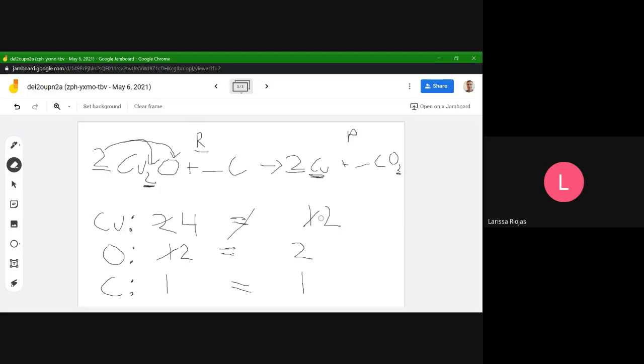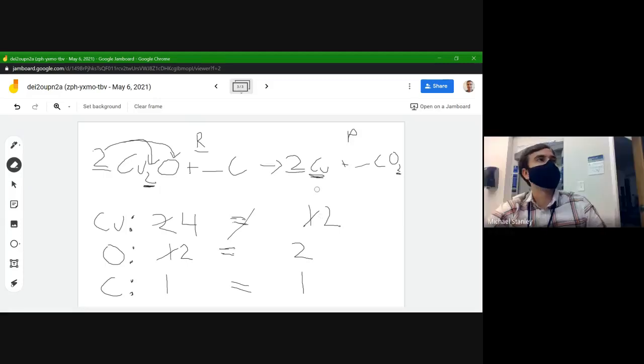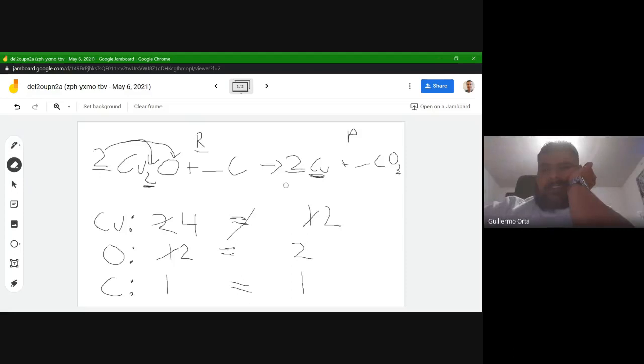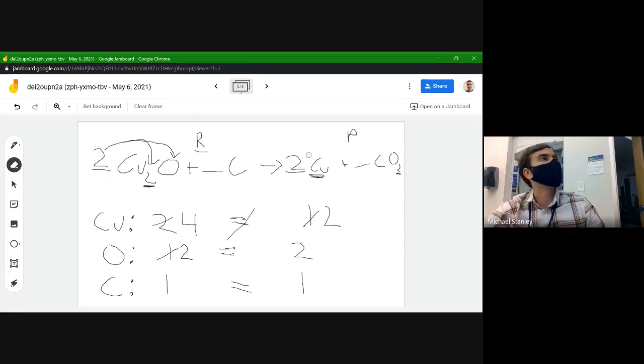The coefficient, right? The big number before it. So which coefficient? The one over here? I want to say yes. Yeah, because we're trying to change copper, and there's no copper over here. This is a carbon, and this is an oxygen. So we're going to change this one.